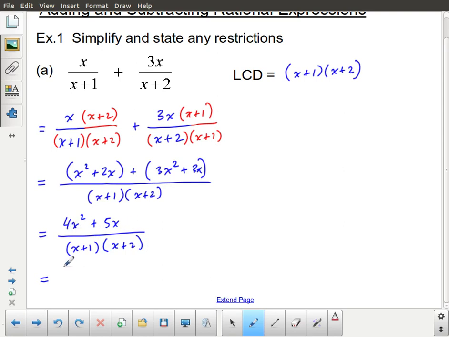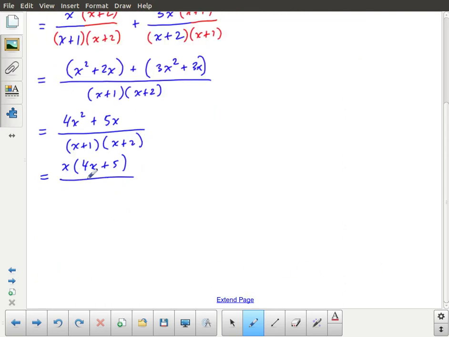Looking at this numerator, I do see a common factor of x, which leaves the factor 4x plus 5 in the numerator, and then the denominator is x plus 1, x plus 2, and of course none of the factors in the numerator will divide out with any of the factors in the denominator, and so all we have left to do is to state our restrictions, which is that x is not allowed to be equal to -1, x is not allowed to be equal to -2.